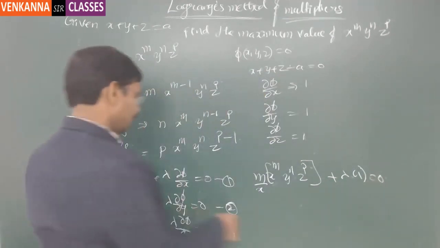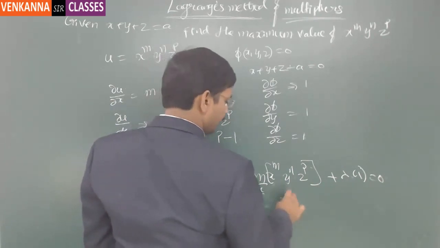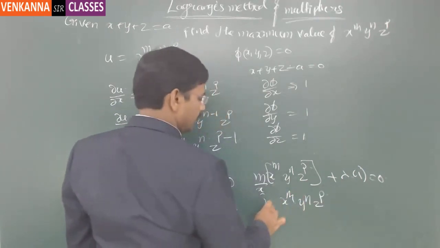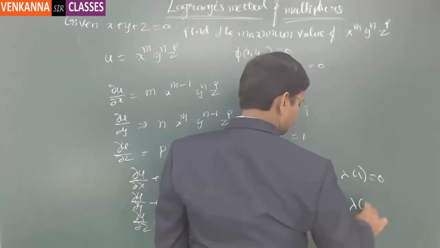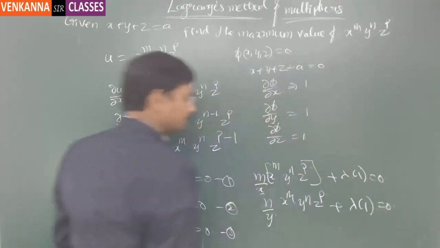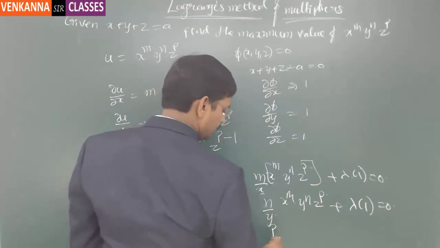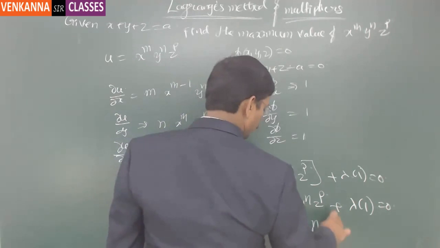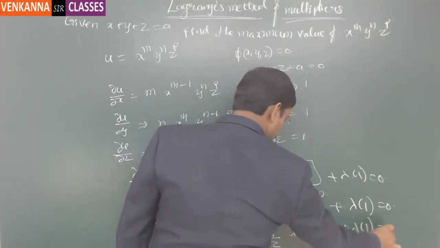Similarly, the second condition is x power m, y power n, z power p times n by y plus lambda times 1 is equal to 0. And the third one is p by z times x power m, y power n, z power p plus lambda times 1 is equal to 0.